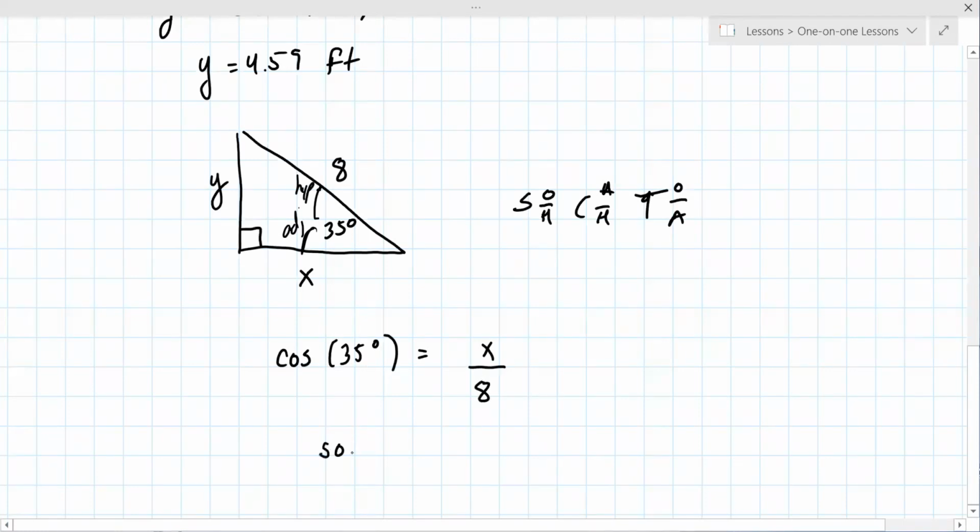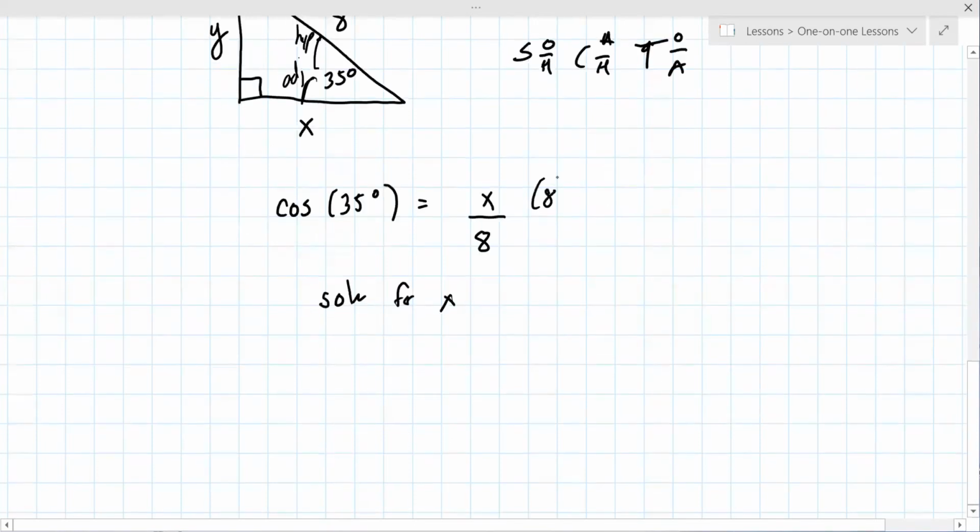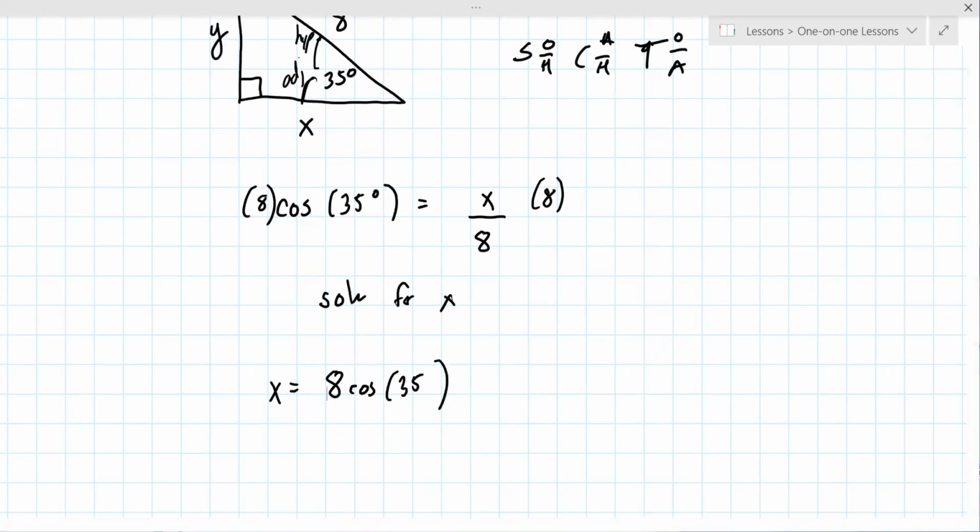To solve for x here, you'd multiply both sides by 8. So x equals 8 cosine 35. And it doesn't ask you to find that piece, right? No, but you could just as well be asked for one or the other.